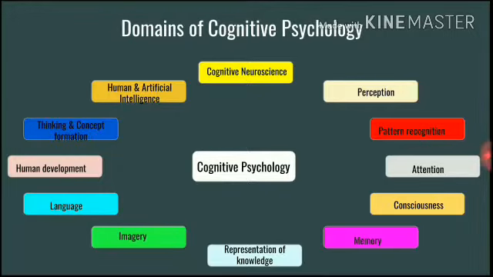So when we talk about perception, basically we're trying to understand our ability to detect and interpret stimuli and store it in a way that makes sense for us. And when you talk about pattern recognition, what we're saying is that the stimuli presented to us might be in bits and pieces, but our ability to perceive it still helps us make sense of the bits and pieces as a whole, and then we interpret it as a whole as well.